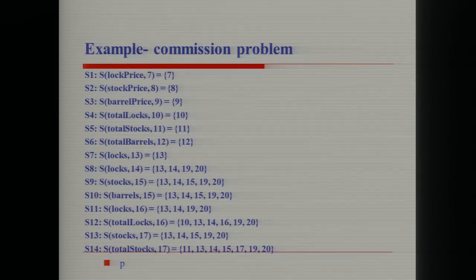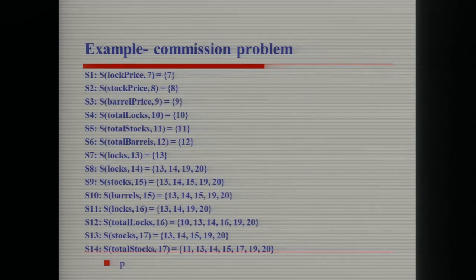Similarly, we can have the slicing for stocks in 17. That will come as 13, 14, 15, because in 15 we are taking the stocks as the input through input define, IDEF, and then 19, 20. Similarly, total stocks will have those statements because total stock is calculated in statement number 17, right?